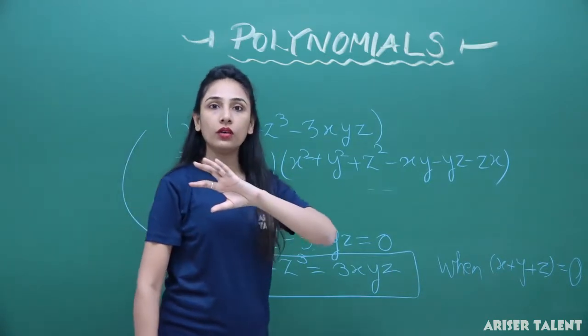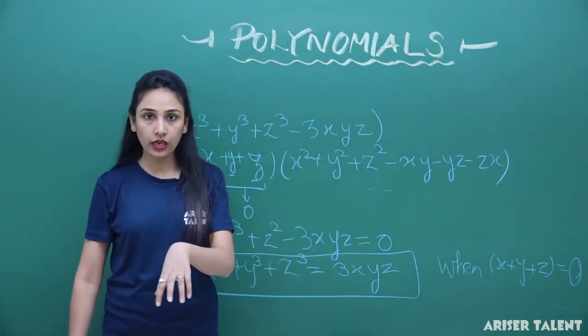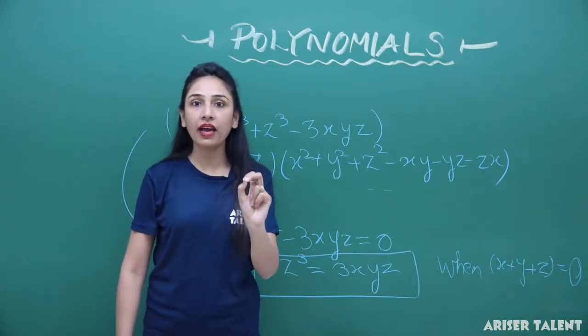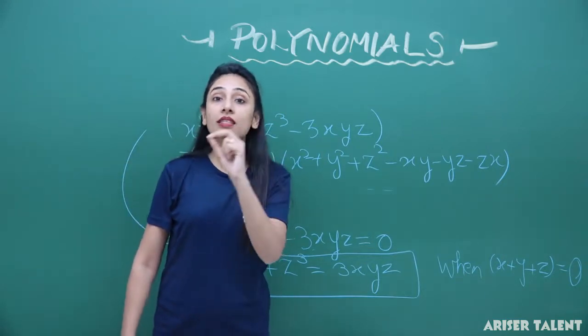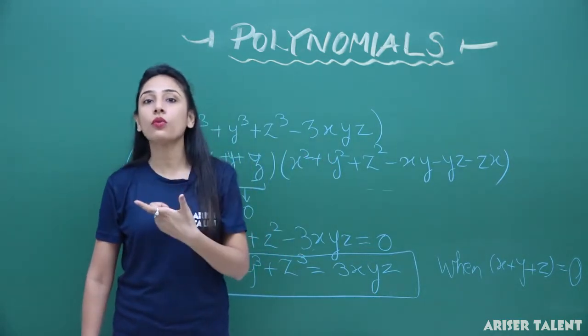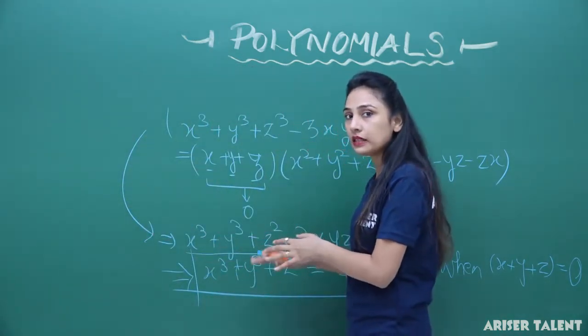We have learned the square formulas and the cube formulas, in 2 variables like x and y, both in square and cube, then x, y, z, 3 variables and its cube and also its square. So now the formulas based on these identities are there.